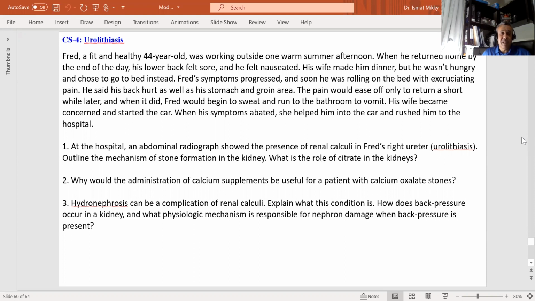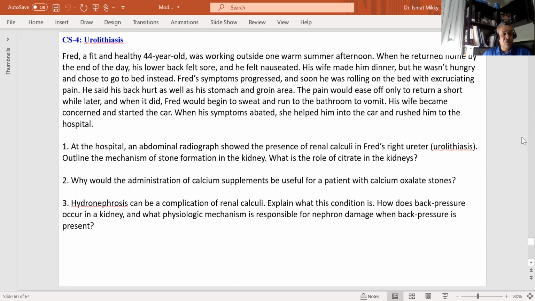Either that's calcium oxalate or calcium phosphate or uric acid or cysteine, but that's one of the major reasons. Usually patients develop kidney stones when they become dehydrated. But also the patient's body may have a tendency to develop kidney stones, familial or genetic.